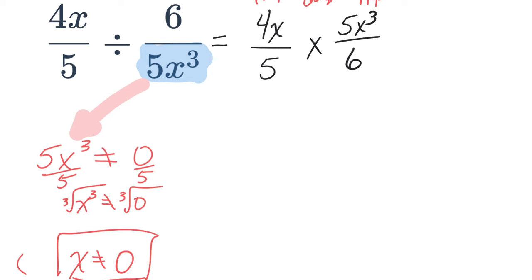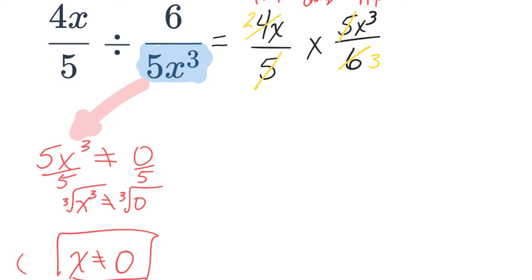I personally like to cancel. Now you can cancel any part of the numerator with any part of the denominator as long as they have a common factor, kind of like we have with 4 and 6. 4 and 6 are both even numbers, so I can factor out a 2 from each, leaving me with a 2 and a 3. And then I can also do the same with the 5 and the 5.